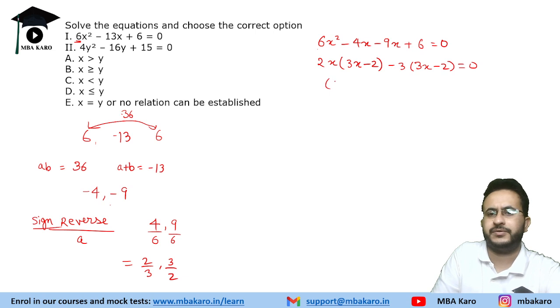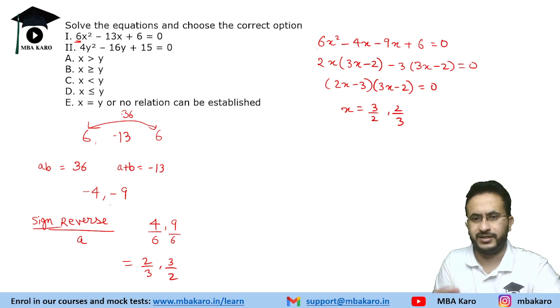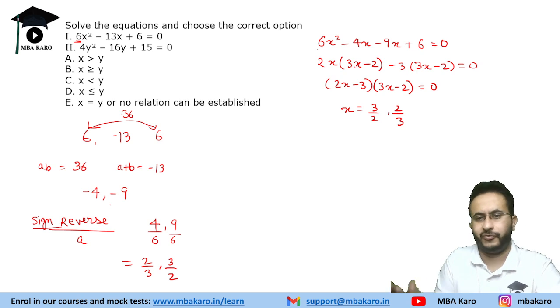So you will take 2x minus 3. So x is equal to 3 by 2, 2 by 3. But it took time to solve this equation, right? It is time consuming. You have to write the steps.